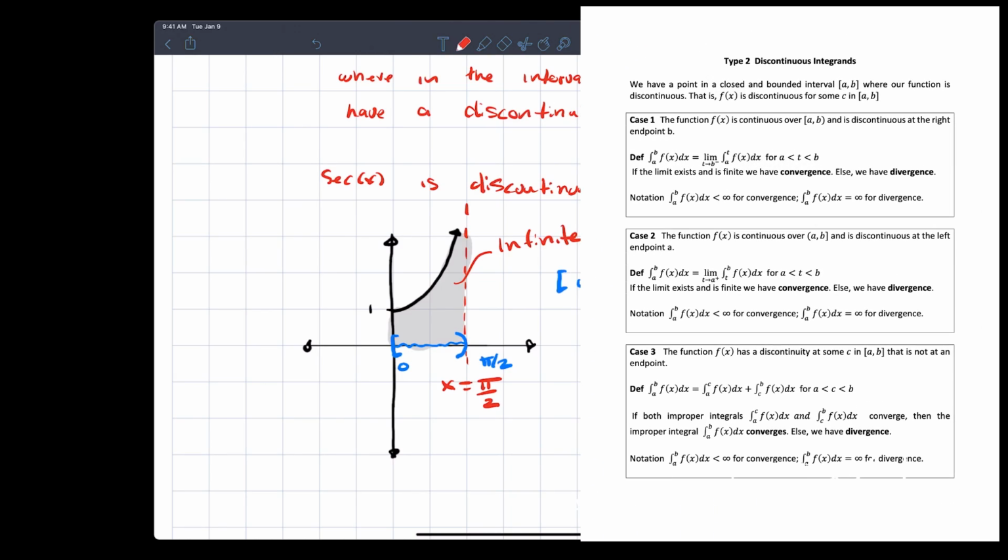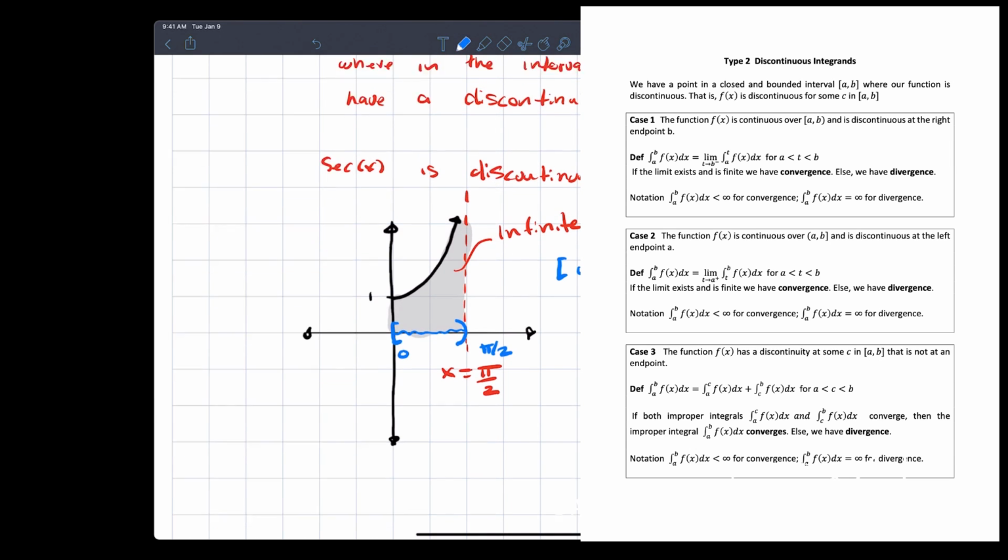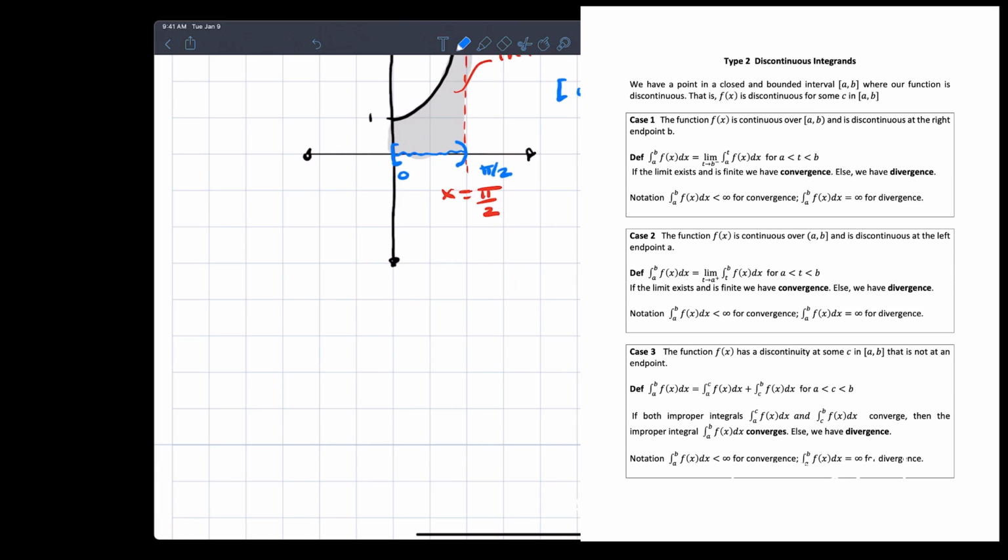Okay, and so for case 1, here's how you fix the problem, right? We're going to use the definition. So here's our definition. If we have to integrate from a to b, f of x dx, in this case, the upper limit has a discontinuity. This is going to equal a limit. I'm going to replace that value with t.